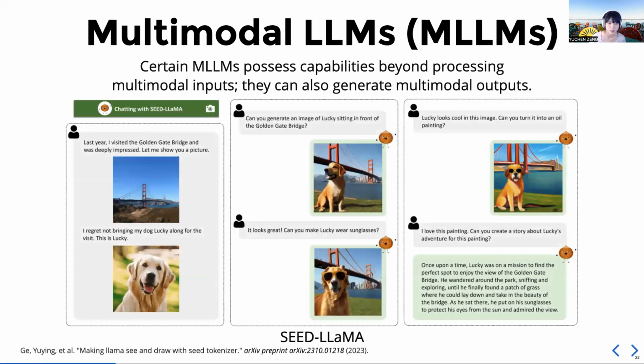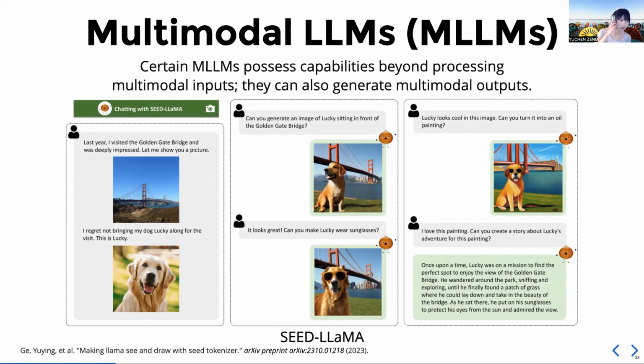Here is an example of how this kind of MLM handles multimodal inputs and generates multimodal outputs. In this conversation, the user interacts with Seed-LLaMA, a model from Tencent from October 2023.